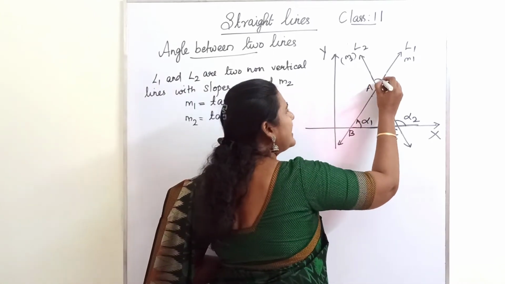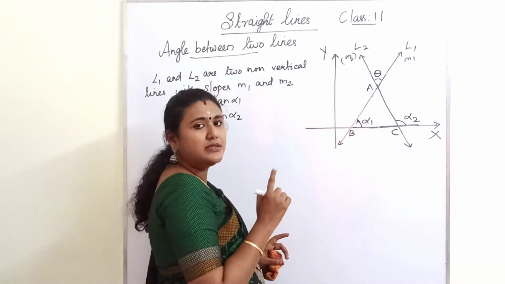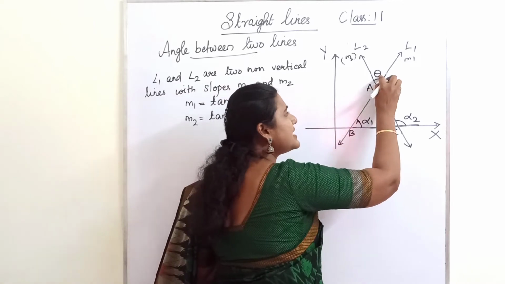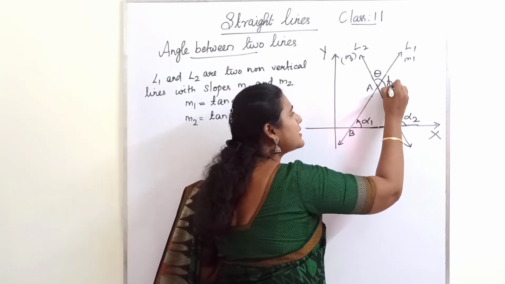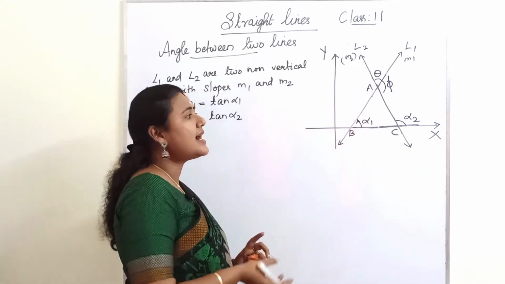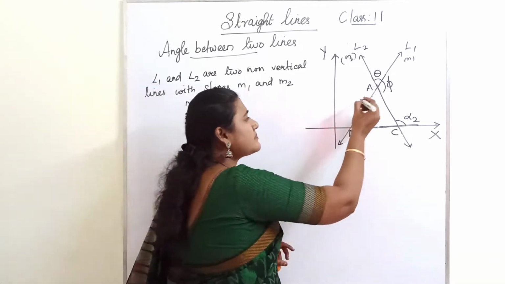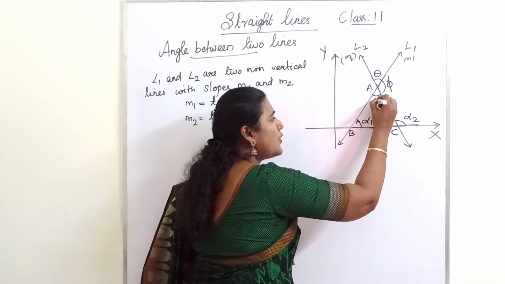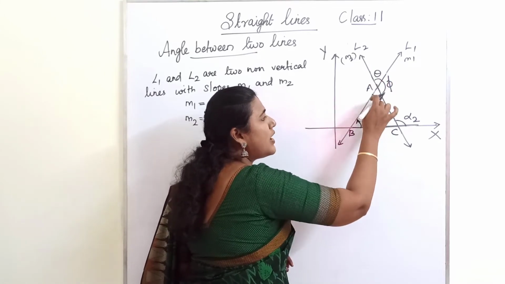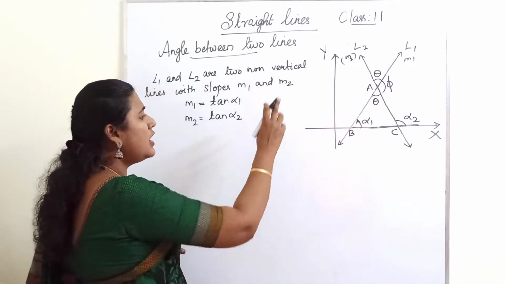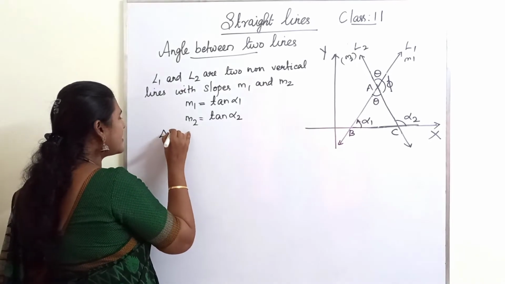Now, theta is the acute angle and phi is the obtuse angle, which are the adjacent angles between these two lines. This angle is also theta because these two are vertically opposite angles. Now we will consider triangle ABC.